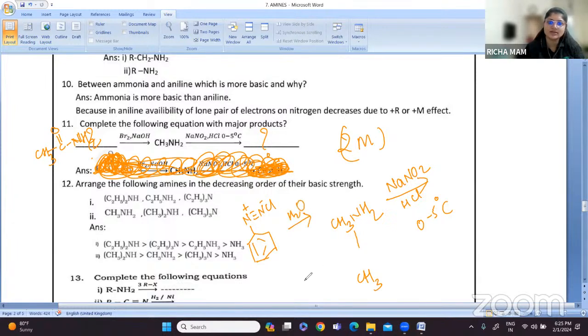On further hydrolysis, this will give you benzene with OH. The N2Cl will be converted into OH plus N2, plus HCl. Same way.